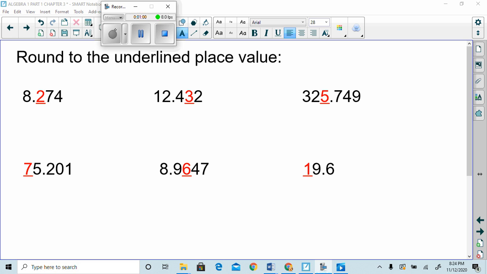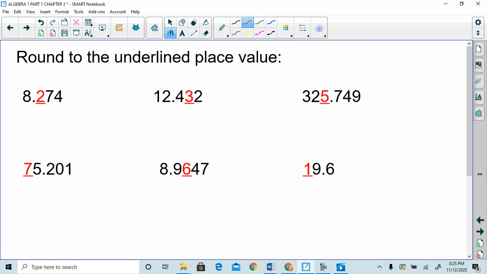When I do that, I always look to the number to the right, and that tells me whether I'm going to round up or round down. 5 or greater tells me to round up, and if it's less than 5, 4 and under, it will round down. So I'm seeing that this is a 7, which is greater than 5, so I'm going to round up.